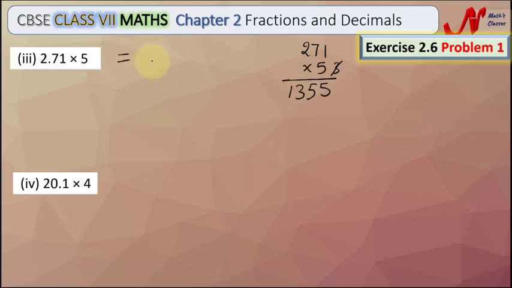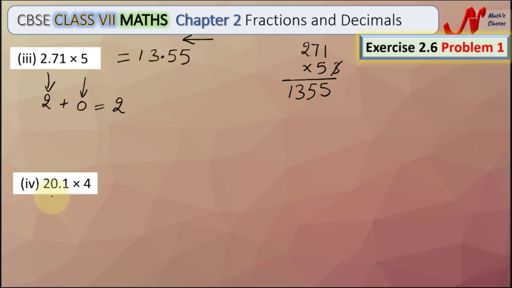We get the product 1355. In 2.71 we have 2 digits after the decimal point. In 5 we do not have any digit after the decimal point. So together we have 2 digits after the decimal point. In the product, from right to left, we keep the decimal point after 2 digits, we get 13.55.